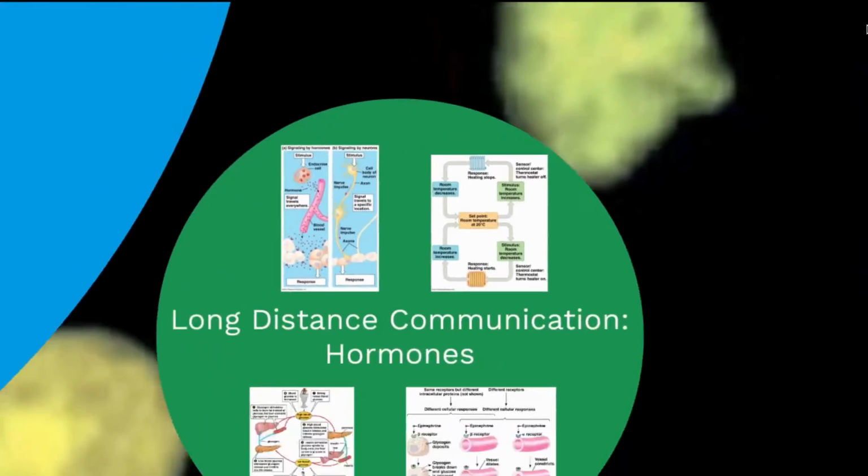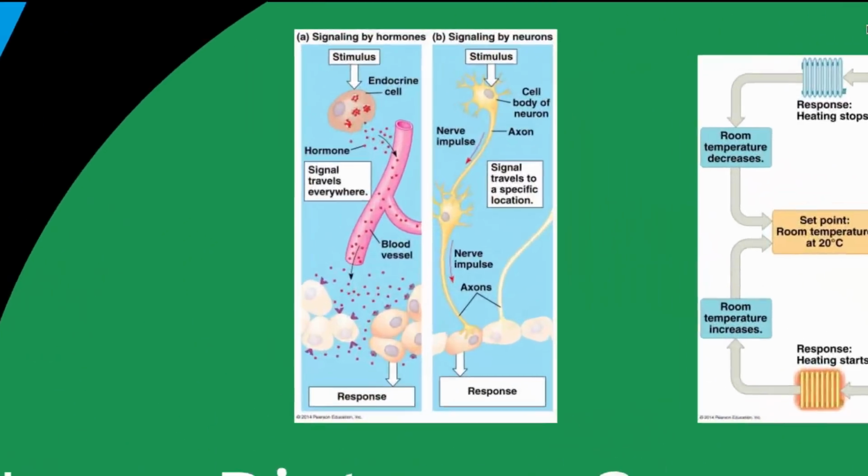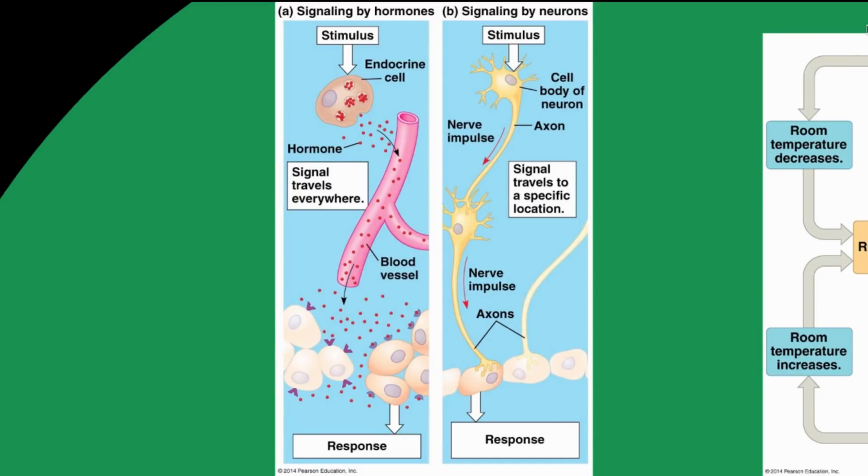And our last example of communication is our long-distance communication, and this is the hormone system, the endocrine system in our bodies. Okay, hormones are released from the endocrine glands, which are located all over the body. The hormones, the signaling molecules, enter into the bloodstream and travel throughout the entire body.